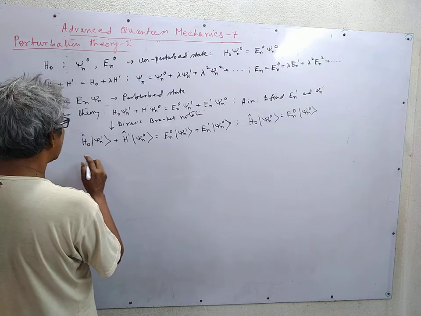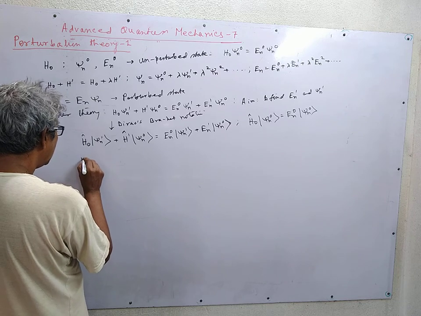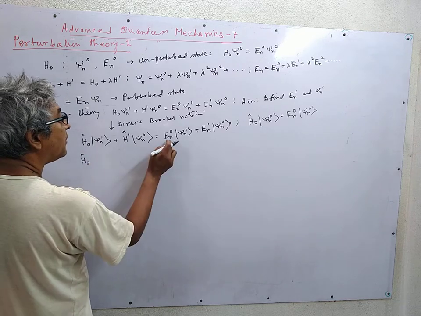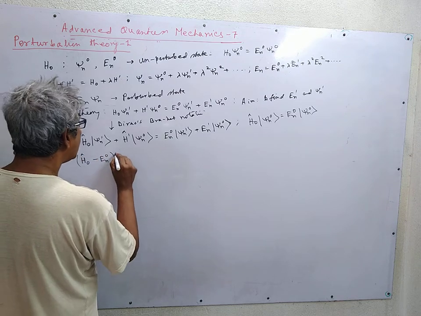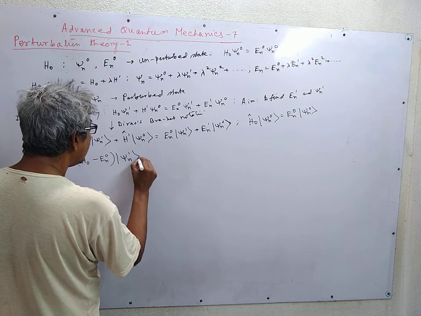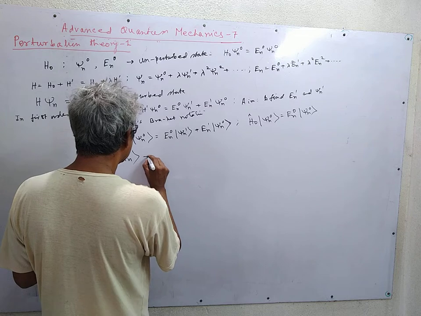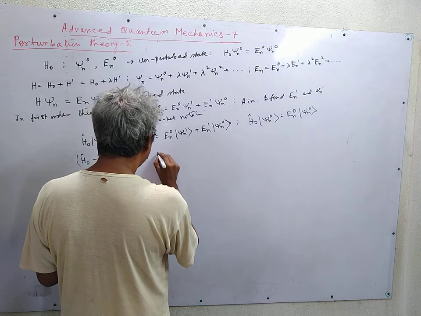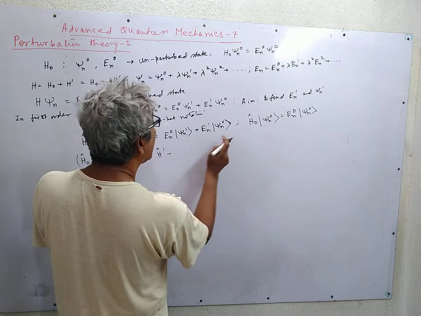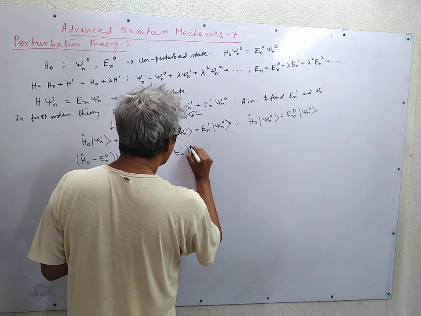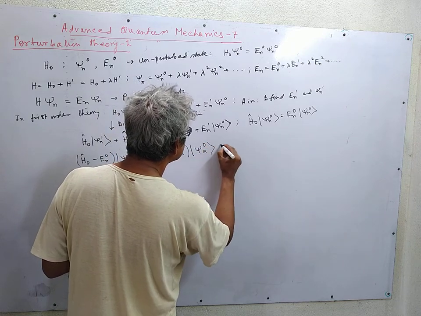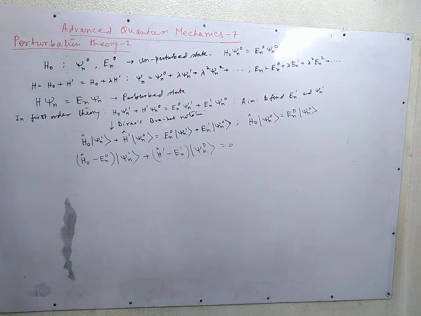We rewrite this as H0 minus En0 operating on psi n1 plus H prime minus En1 operating on psi n0 is equal to 0. We multiply both the terms by phi n.